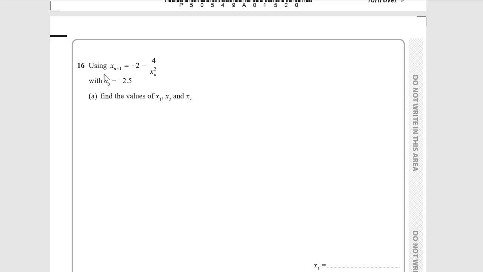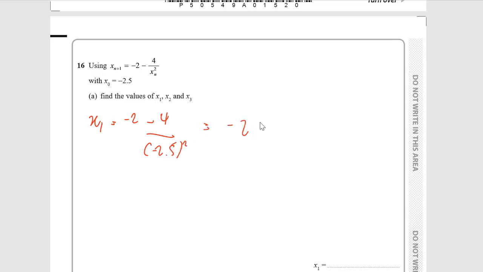Question 16. Using x subscript n plus 1 equals minus 2 minus 4 over x to the power of 2n, starting off with the first number in the sequence, minus 2.5, find the values of x1, x2, and x3. So let's say x1 equals minus 2 minus 4, and then we're going to use this minus 2.5 squared.